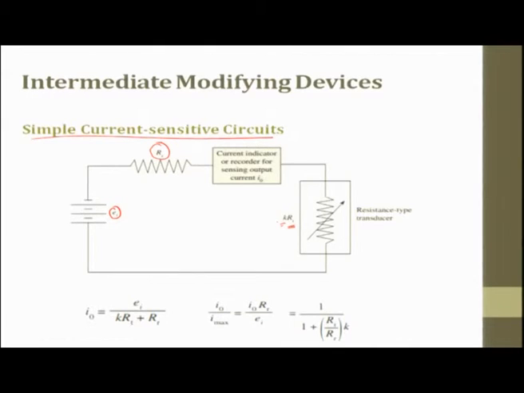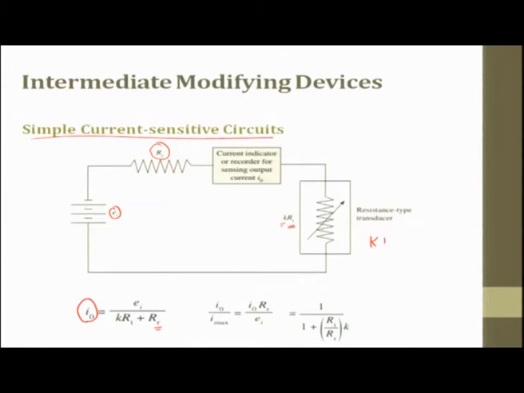The current I naught is expressed in terms of EI by KRT plus RR, R suffix R. So, if I wanted to convert this into I naught by I max, then I get I naught into RR divided by EI. This can be reiterated and written like this.